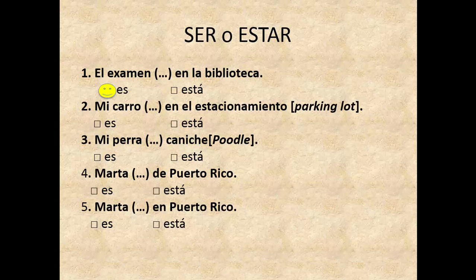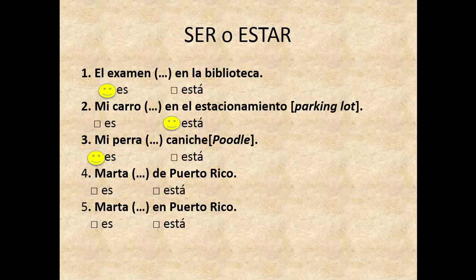You're going to do the same thing for 2 through 5, but I'm not going to give you the reason why. You're going to have to really think and decide which one would I use and what part of the acronym, lace or notice, it represents. So number 2, mi carro está en el estacionamiento. Tell me the reason why you picked that.